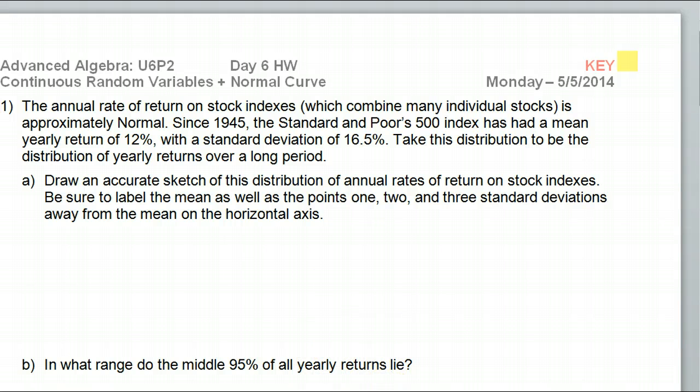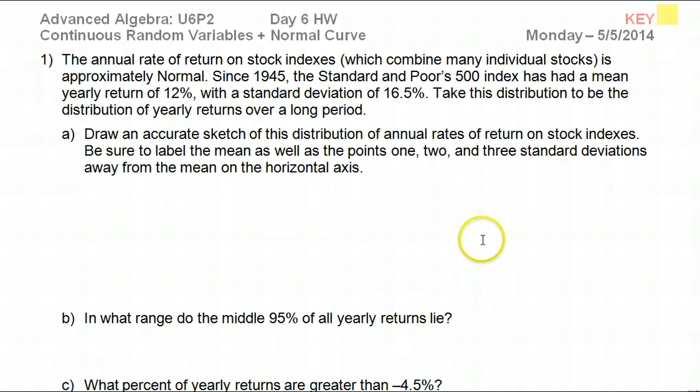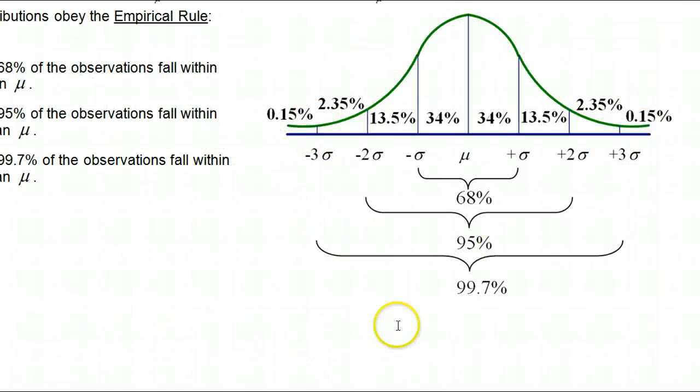Okay, so looking at problem number 1. All right, the annual rate of return on stock indexes is approximately normal, okay, which means it makes a bell curve.